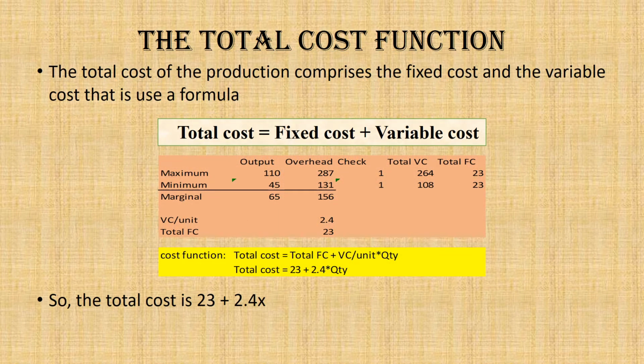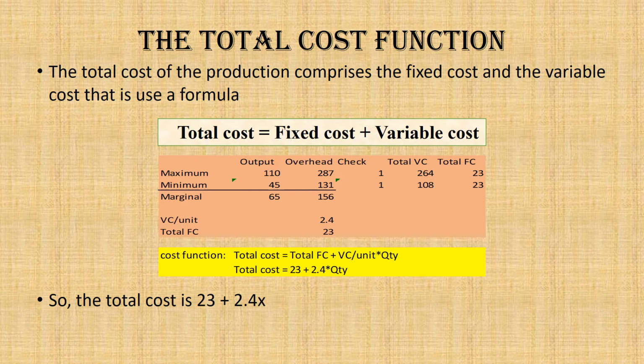Next, for the total cost, we use Microsoft Excel with the maximum and minimum output and overhead costs that we collected from their business. After that, we also use Excel to get the marginal output and marginal overhead, that is maximum output minus minimum output, and maximum overhead minus minimum overhead.